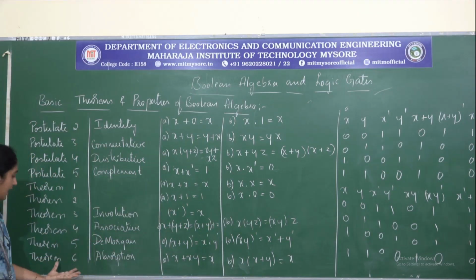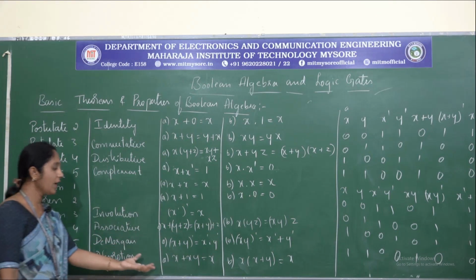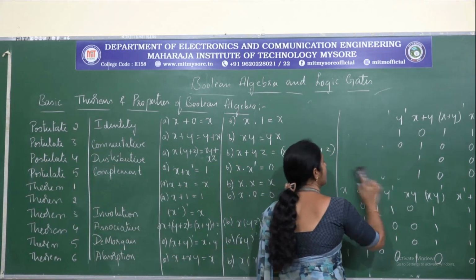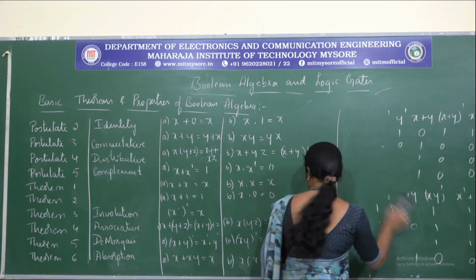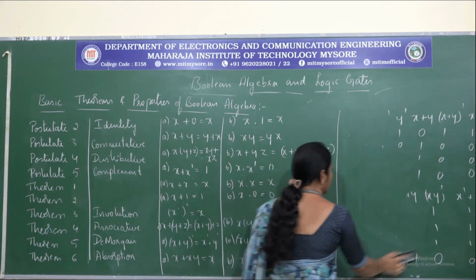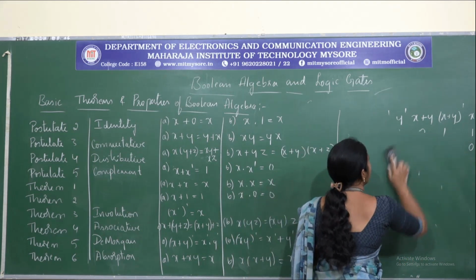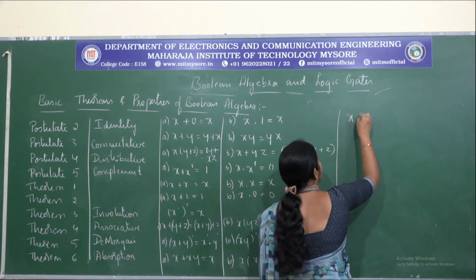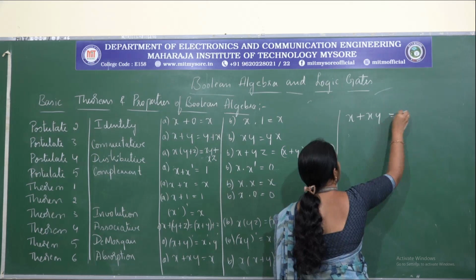Now let us consider the last theorem, theorem 6. In this also we have 2 parts. The first one is theorem 6a, which is x plus xy is equal to x.